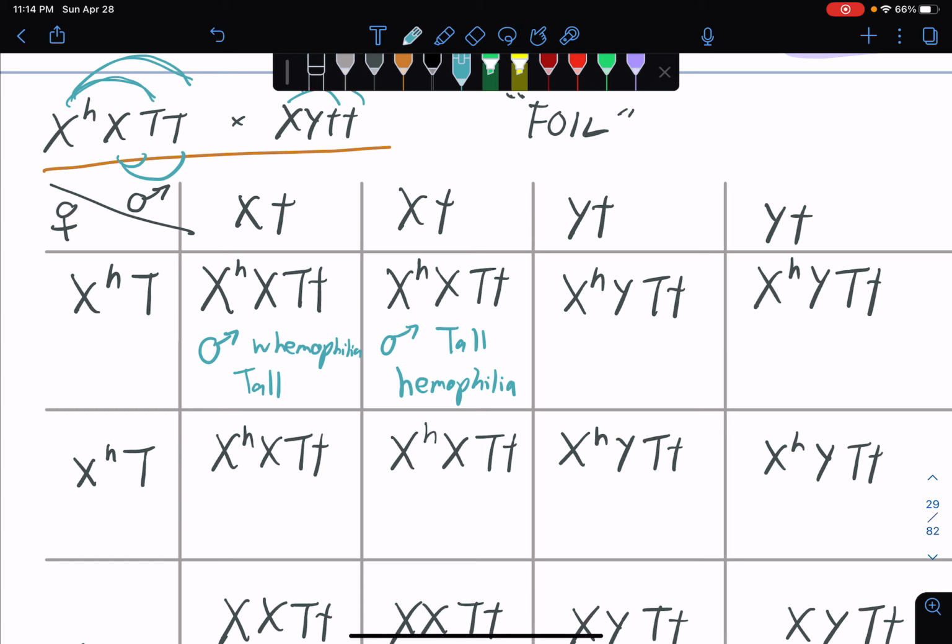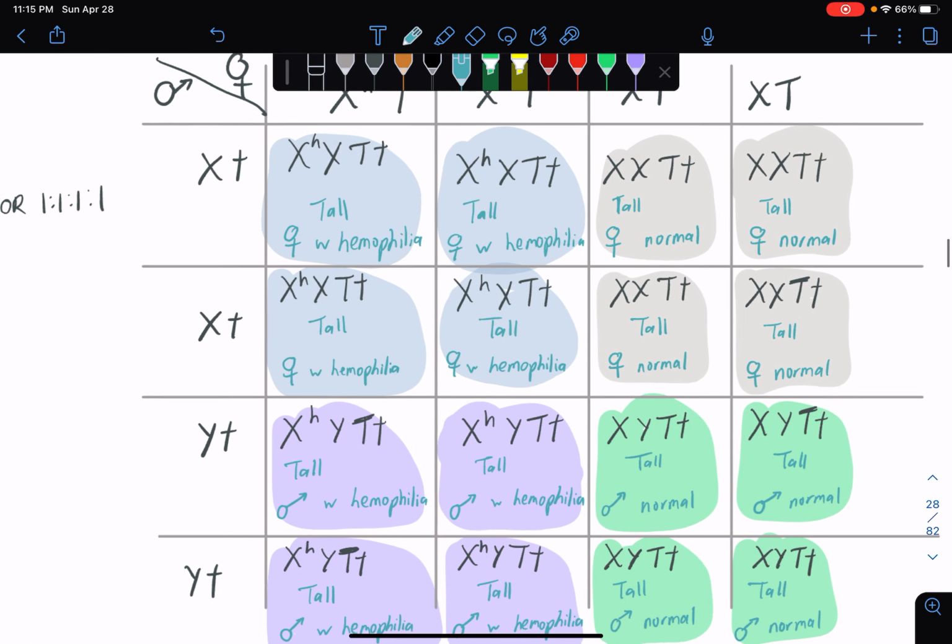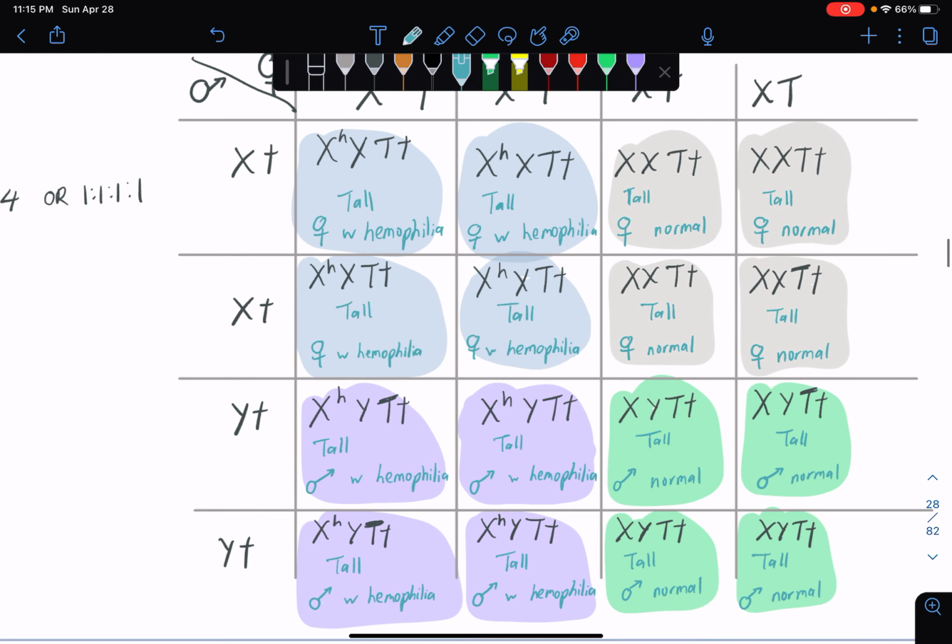Okay. Sorry about that. This is supposed to be the symbol for females. This one is for male. Okay, we have tall, and this guy has hemophilia. Does he? Let me confirm. Yep. Must be.